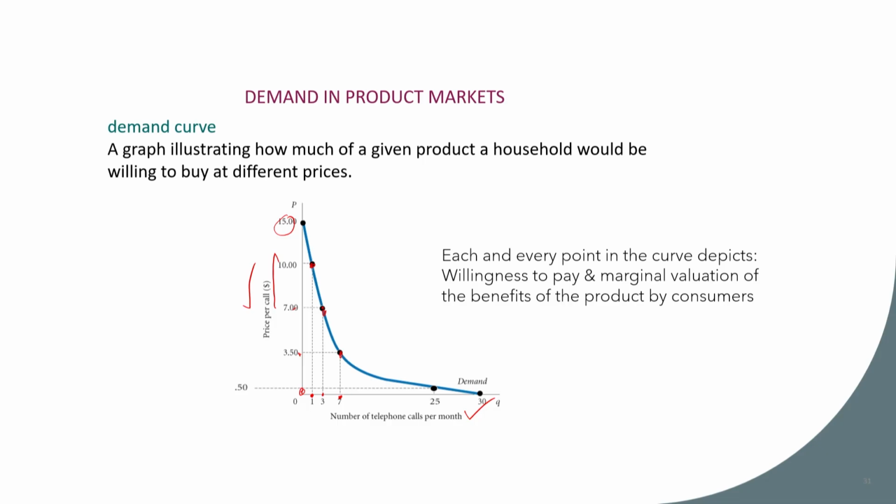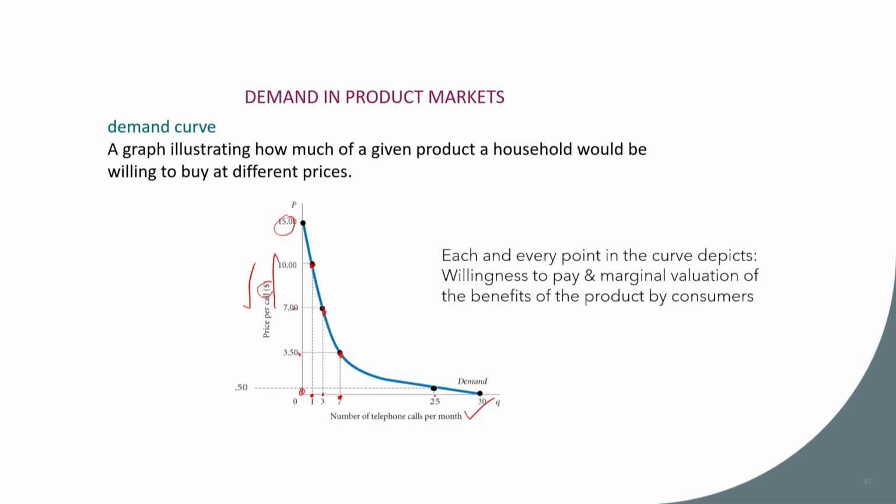So what does it mean? When we are talking about one particular good or service, each and every point along the curve depicts the willingness to pay of the consumer. For example, when the price is 10, for 1 unit they are willing to pay 10 rupees. For 7 units, they are willing to pay only 3.5. It's actually in dollar units, so you can interpret accordingly.